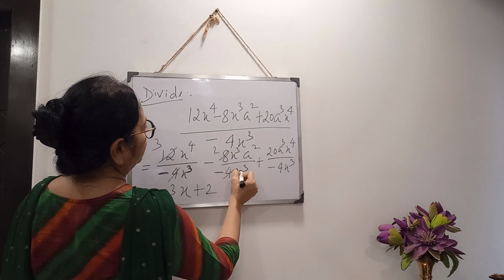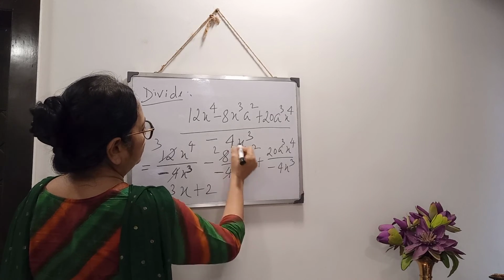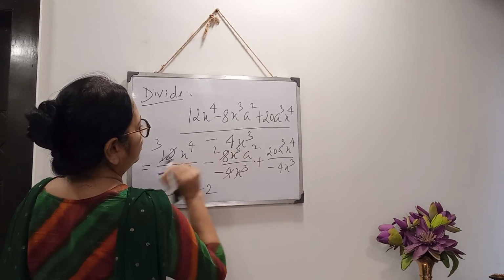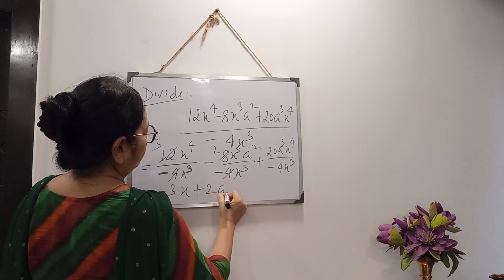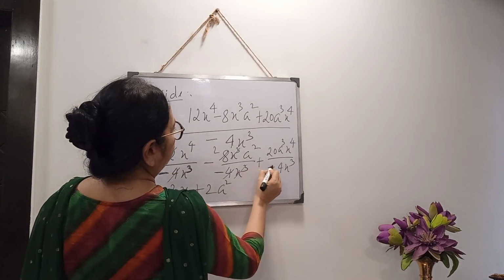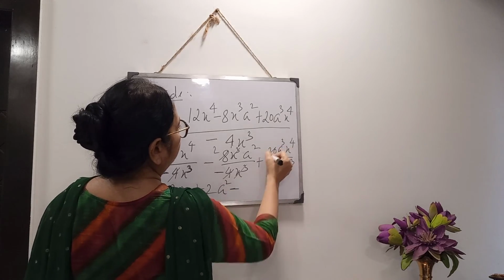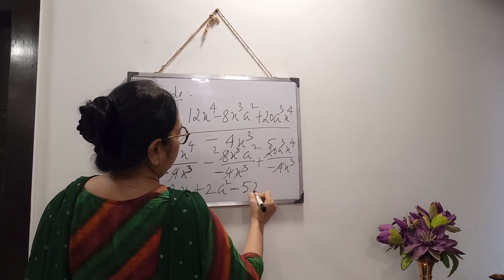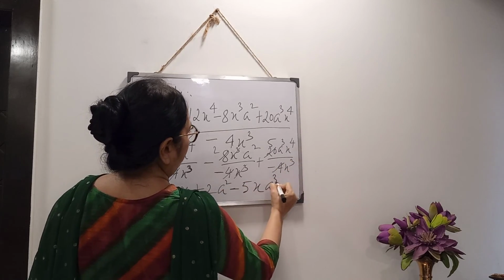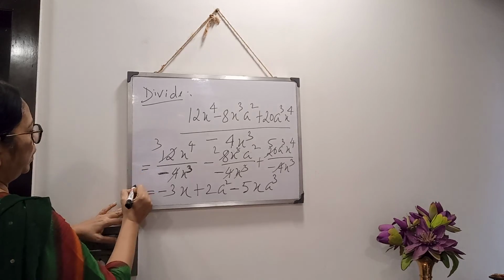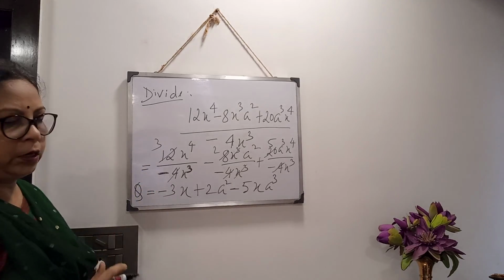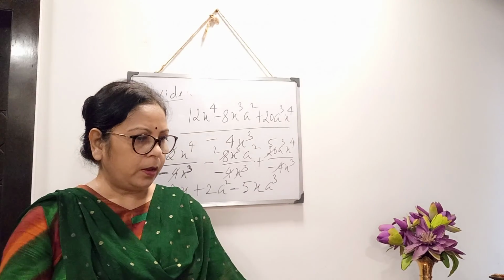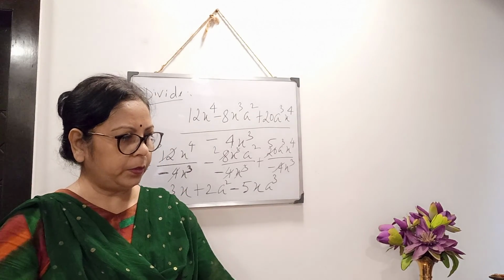X cube and x cube same. 3 minus 3, that means it is becoming 0. X to the power 0 means 1. Or in this way you can cancel out. A square. Clear? Minus plus minus 5. 4 minus 3 means 1. A cube. After division what we get is called the quotient. Quotient. Okay. Now the next part you will get in the next video.